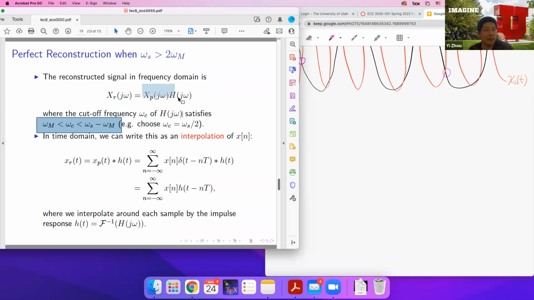And then by multiplying these two spectra together, you are basically applying the filter to this spectrum. And then the resulting spectrum is the centered copy.